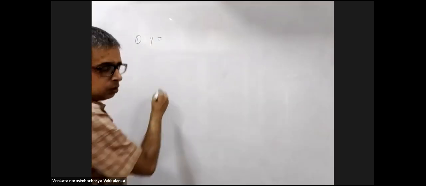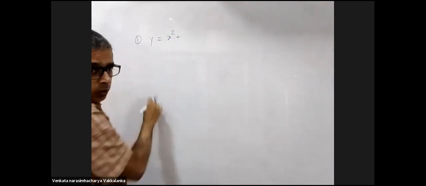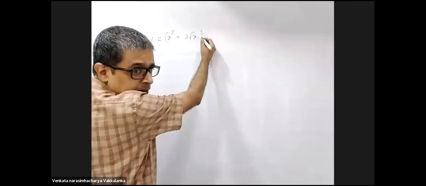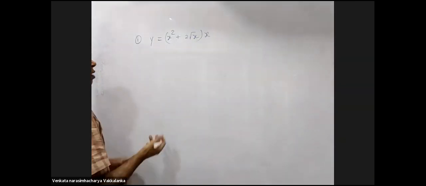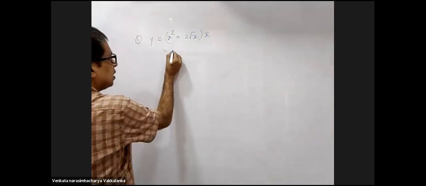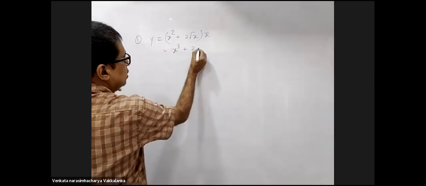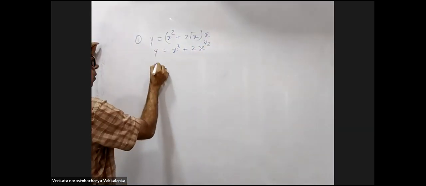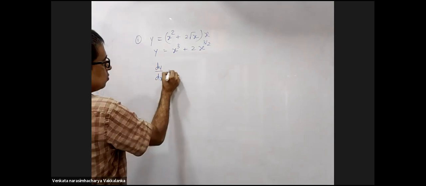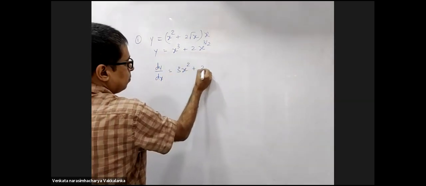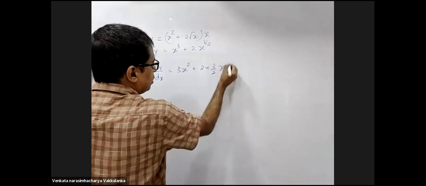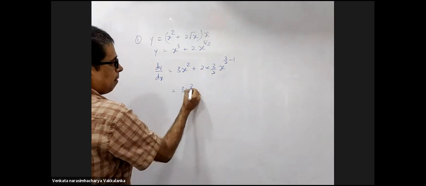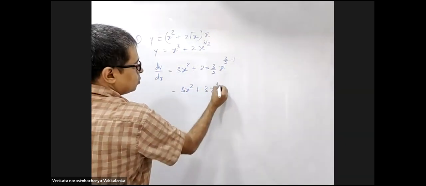y is equal to x square plus 2 root x into x. You just multiply this, it becomes much easier. x cube plus 2x to the power half plus 1, that is dy by dx. 3x square plus 2 into 3 by 2 x to the power 3 by 2 minus 1, which is 3x to the power half.